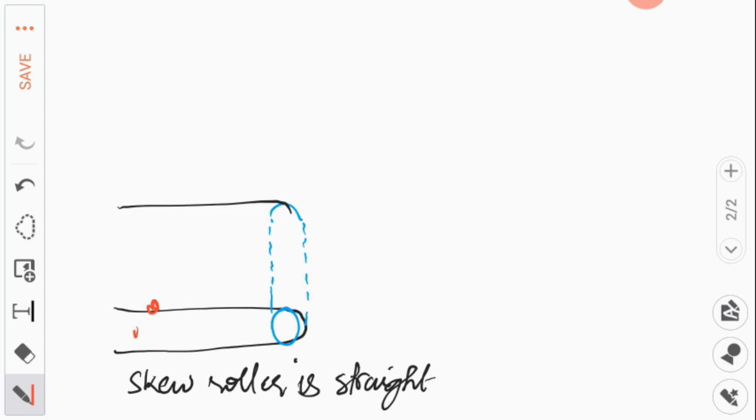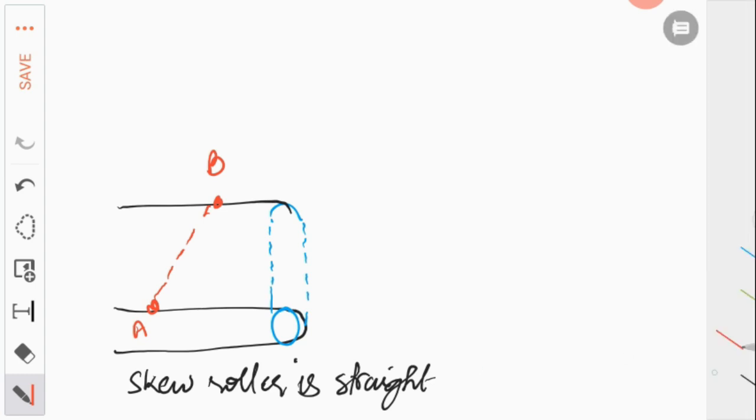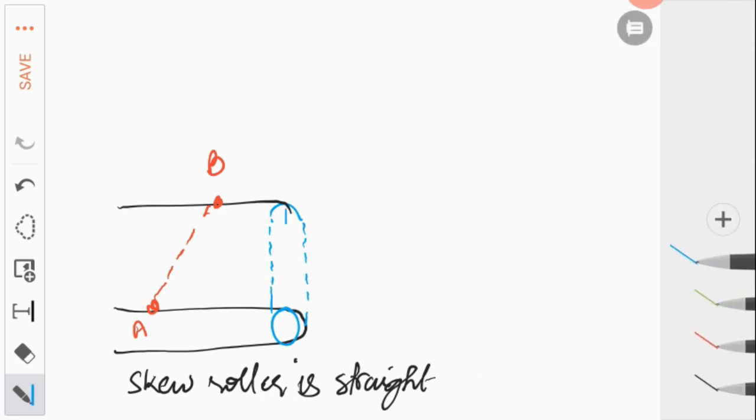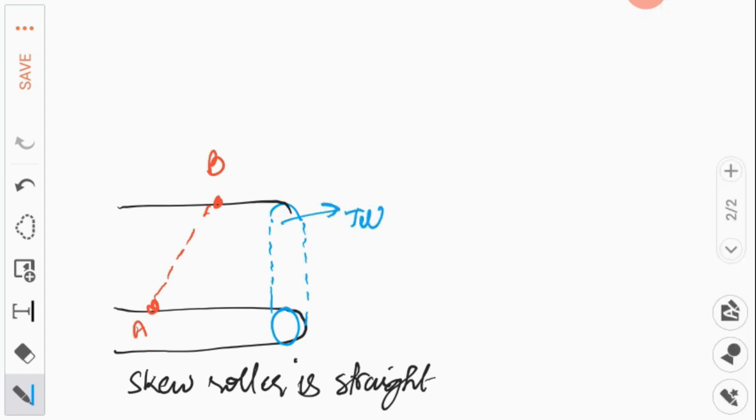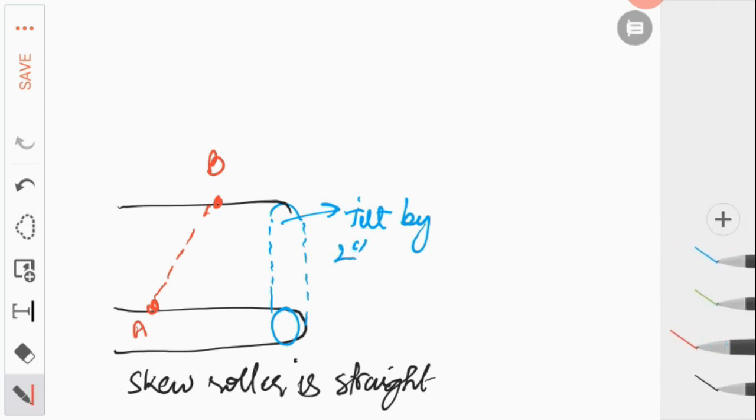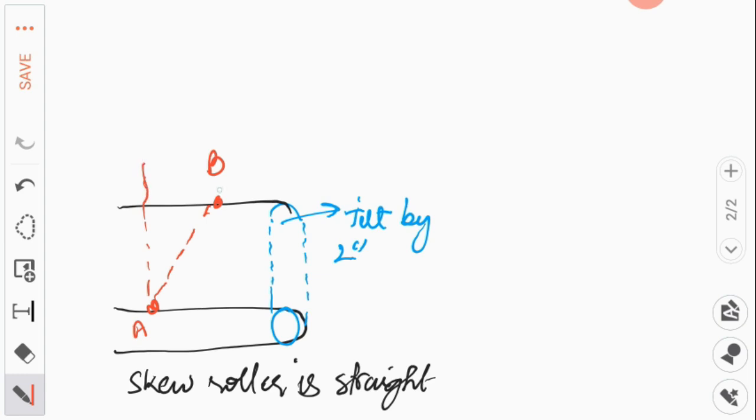But if a skew distortion starts to appear in the fabric and one of the points is ahead of the other points, then this skew roller is tilted accordingly. So continuing with the numbers that we assumed in the previous slide, if point B is 2 inches ahead of point A, then the tilt in the skew roller will be 2 inches at least.